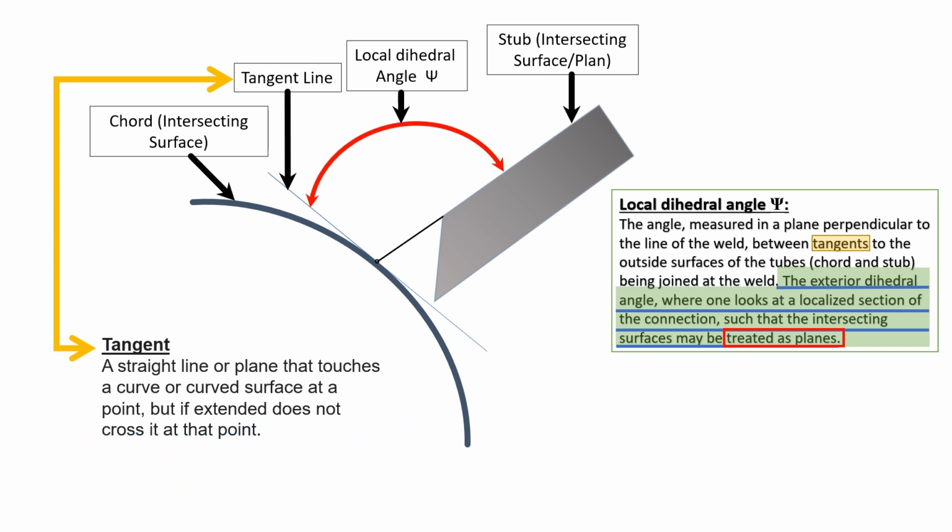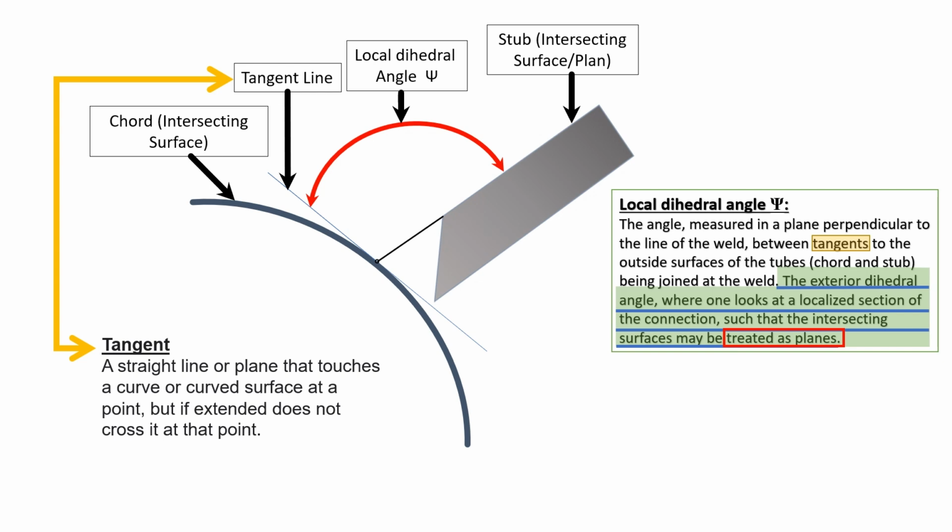In some instances, both surfaces can be straight planes, such as in the heel area or the toe or some other zones depending on the localized configuration. In these cases, the angle measured between the planes is the local dihedral angle. In other instances, as shown in the illustration, one or both intersecting surfaces can be curved. In these instances, tangents need to be identified to measure the local dihedral angle.